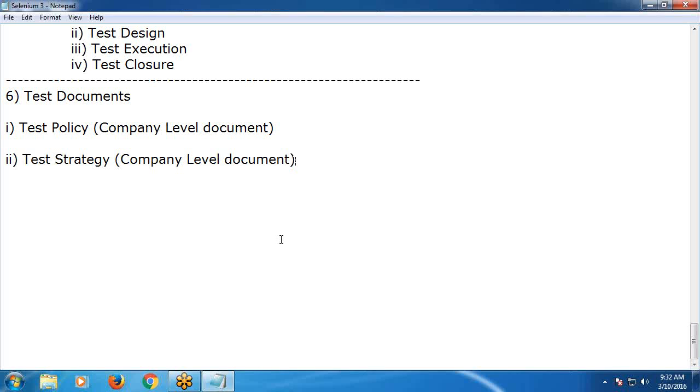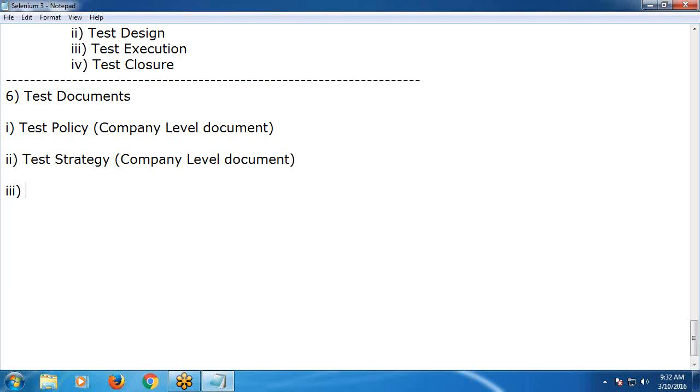Otherwise, a single strategy for all applications. Some companies maintain a strategy for web applications, for Windows based applications, for telecom applications. Strategies one or more, but policy only one. These two are company level documents.